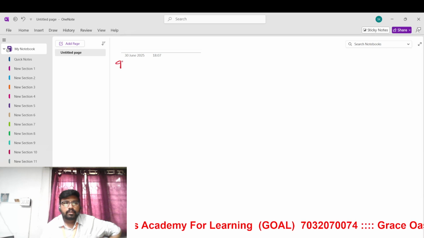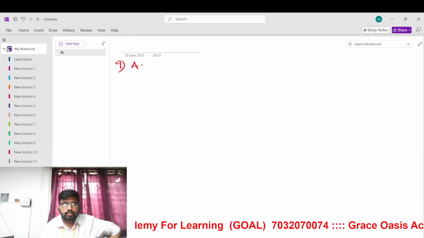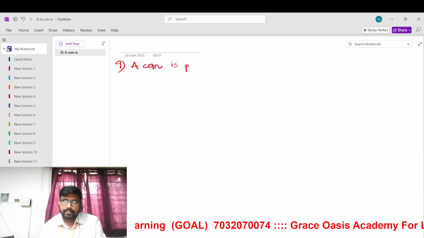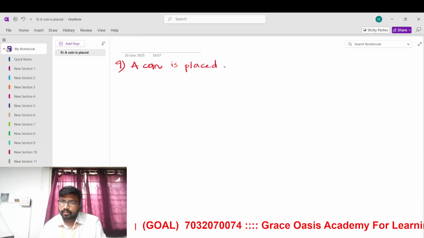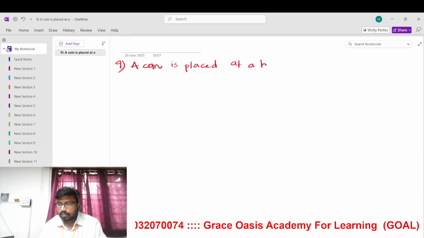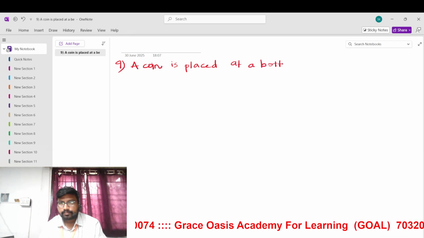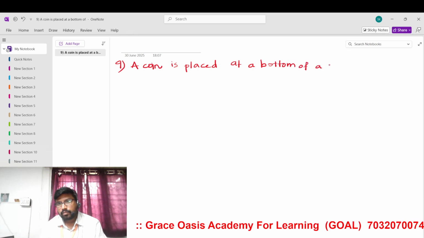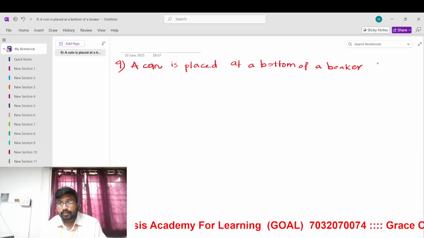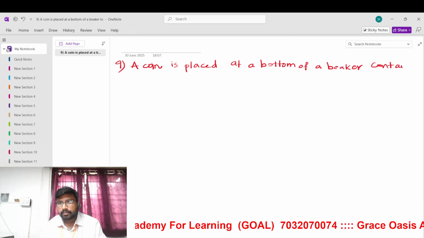Question number 9. A coin is placed at the bottom of a beaker containing water. So there is a liquid medium.